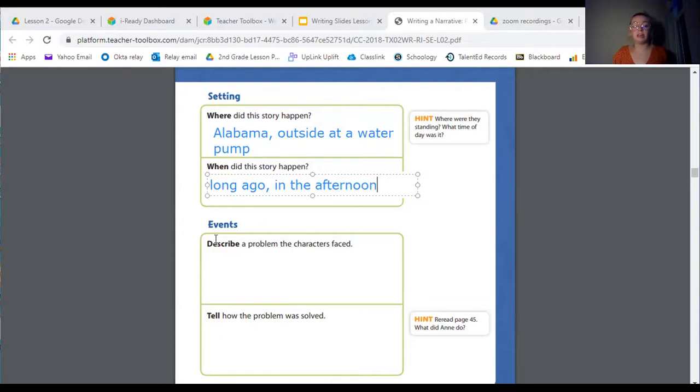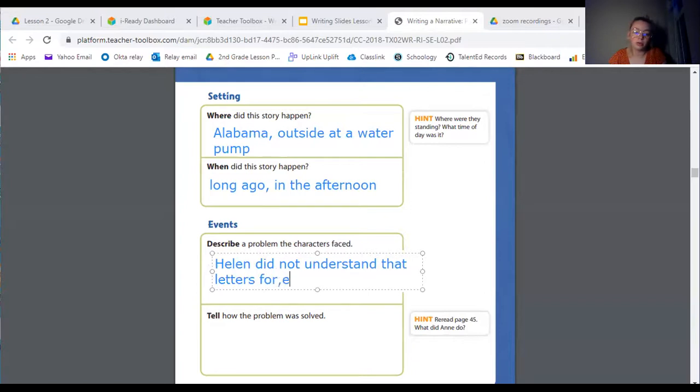Our last box says events. Describe a problem the characters faced. What problem do you remember from our readings? Did you say Helen did not understand that letters formed words?